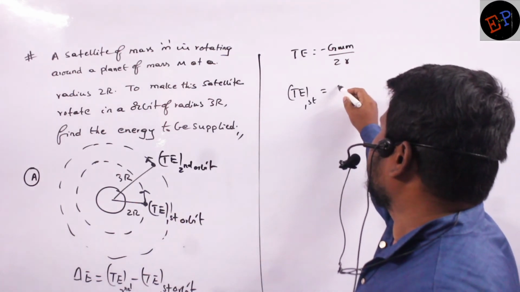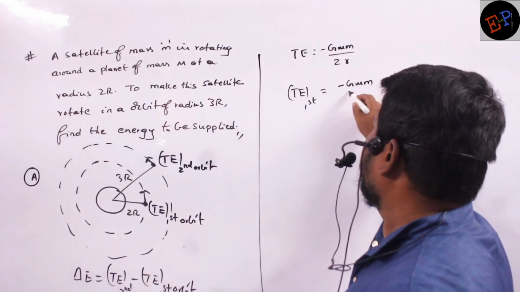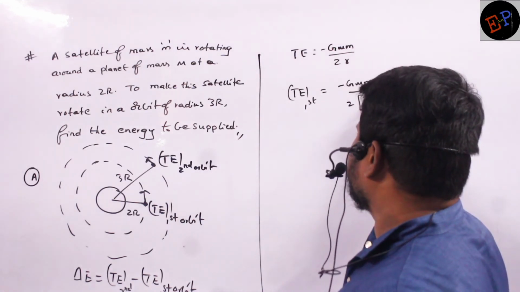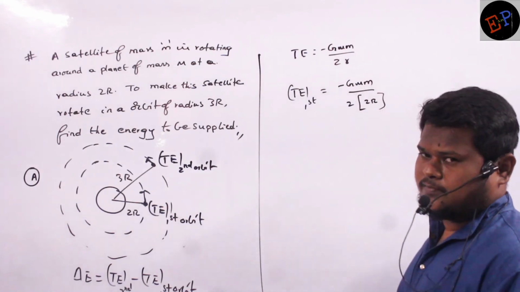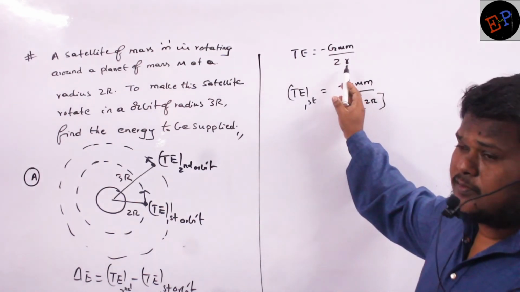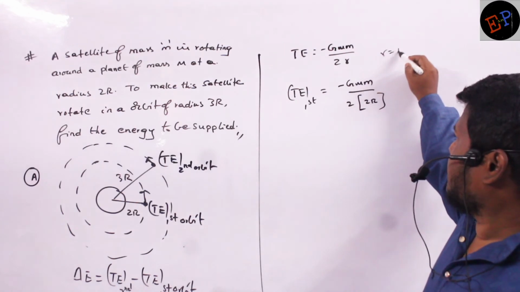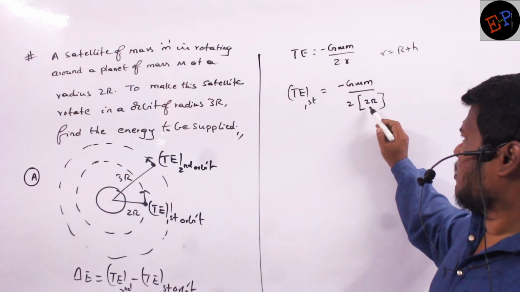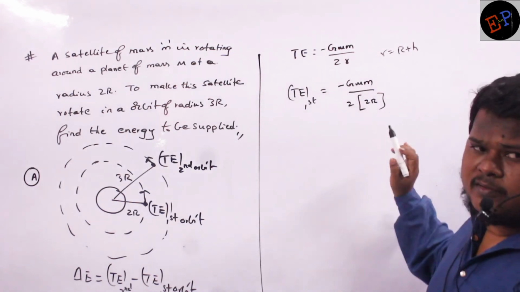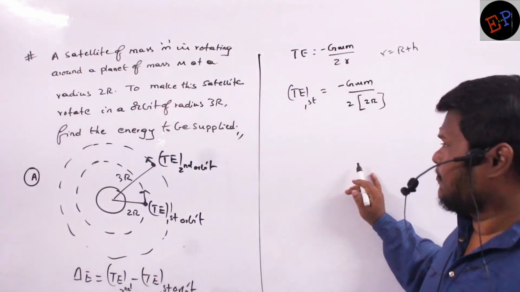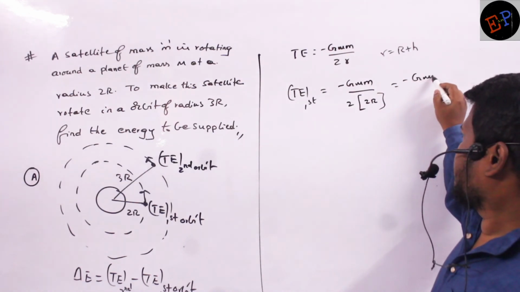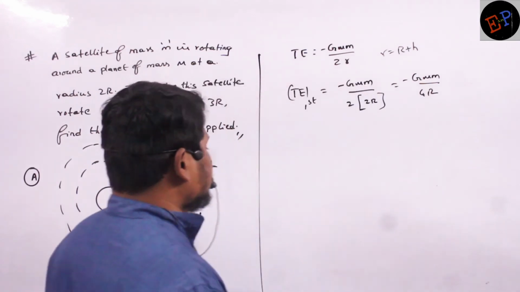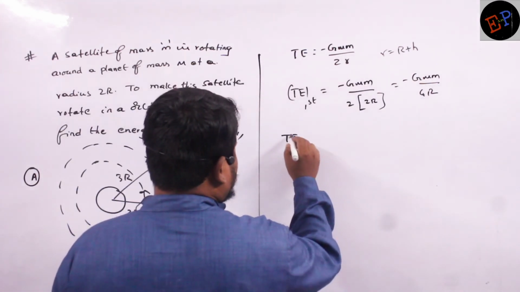So minus GMm divided by 2 into r. What is the total radius? Total radius is 2r. Here r means what? Small r is nothing but capital R plus h. So instead of r, the total radius is already given as 2r, so directly you have to substitute 2r. Are you able to understand? So minus GMm divided by 4r. This is the total energy of the first orbit. Then what is the total energy of the next orbit?